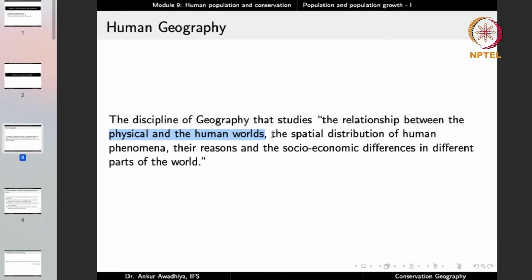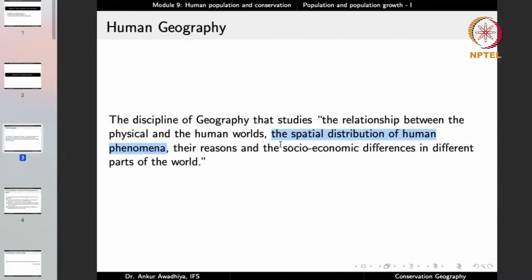Then it studies the spatial distribution of human phenomena, meaning that it studies where humans are located and what they do in different locations. Are there certain locations where we have a greater density of humans? Are there certain locations where humans are found in lesser densities? Do humans in different areas perform different jobs, different functions, or do they perform the same functions everywhere?